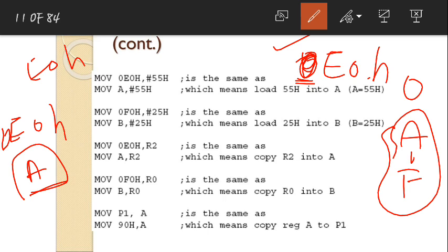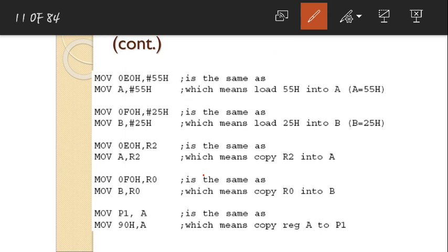So these two lines we can use anywhere. Now in the same manner we will see for B. For B the address is F0H. So I can access it using its address or its name. The name is B and the address is F0.